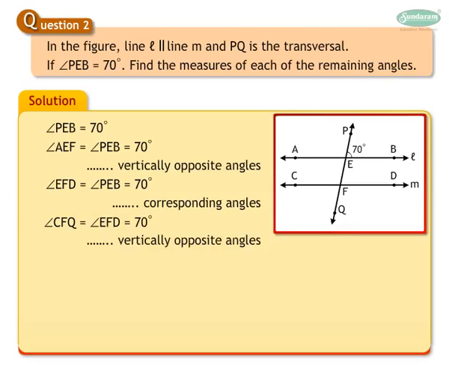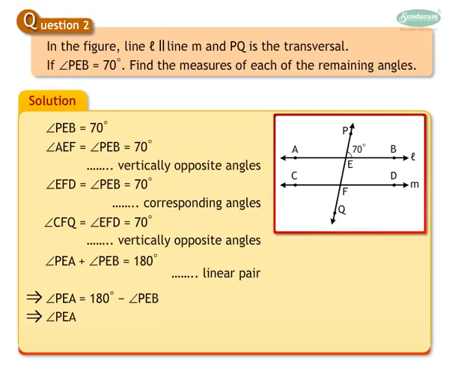Angle PEA is in linear pair with angle PEB. So, angle PEA plus angle PEB will be equal to 180 degrees. This means angle PEA will be equal to 180 degrees minus angle PEB.